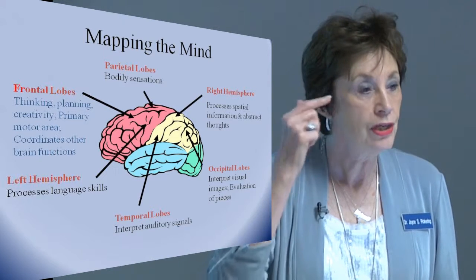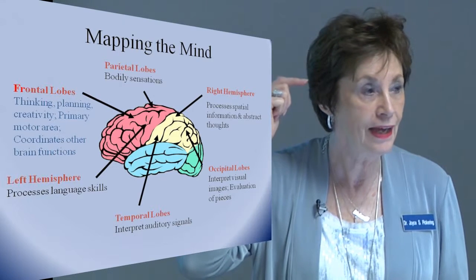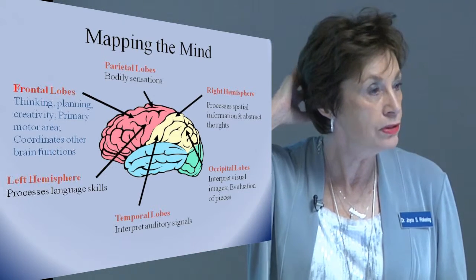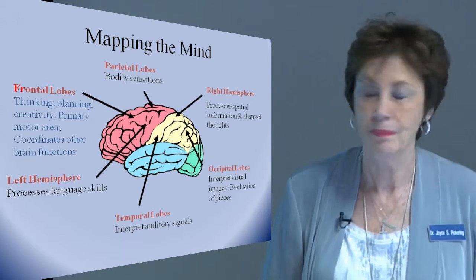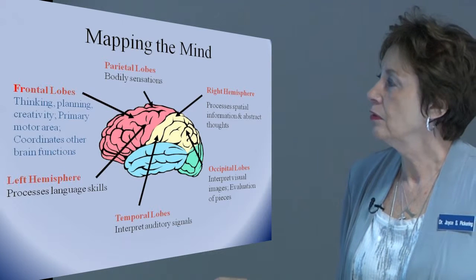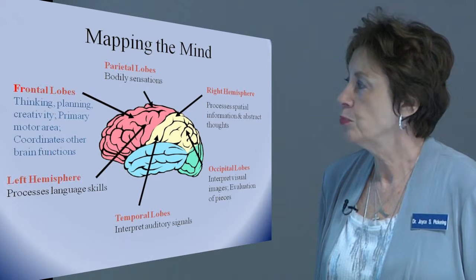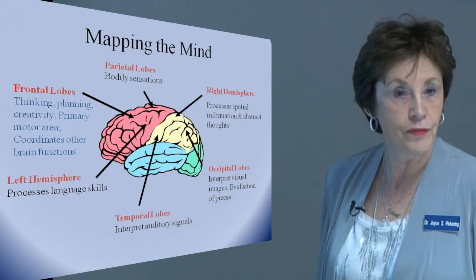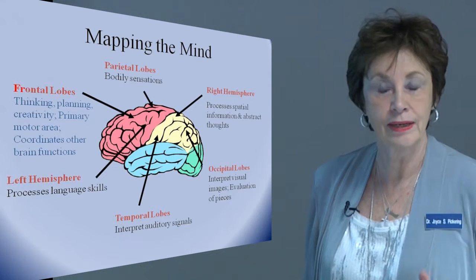The information goes from the eye through the optic nerves behind the eye to this occipital lobe to be processed as what we're looking at. The temporal lobes here on the left side interpret auditory signals. So as we process auditory information, it's done primarily here on the left side of our brain.